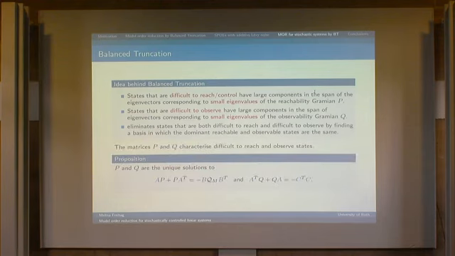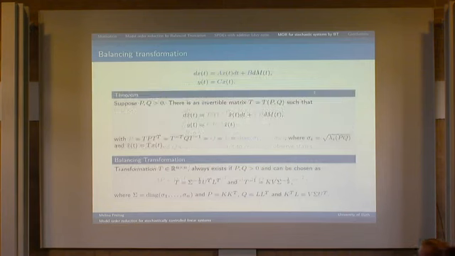Here you have to solve the Lyapunov equations, which are slightly different. For the observability gradient, the Lyapunov equation is the same as in the deterministic case, but for the controllability or reachability, you have a different matrix there. This is also a slide that I copied from the earlier slide.